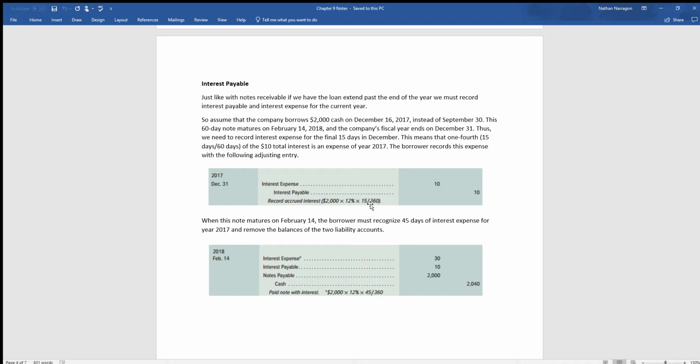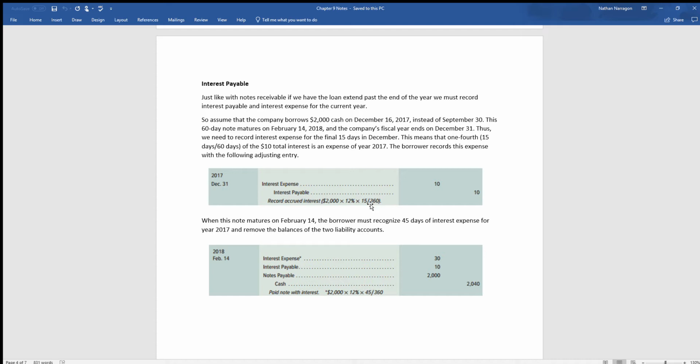So our journal entry at the end of the year to record the interest will be: interest expense gets debited and interest payable gets credited, because we're going to owe that interest. We have to recognize that in the current period due to the rules of the IRS and GAAP.